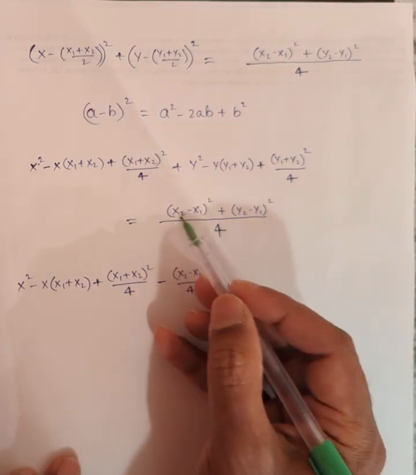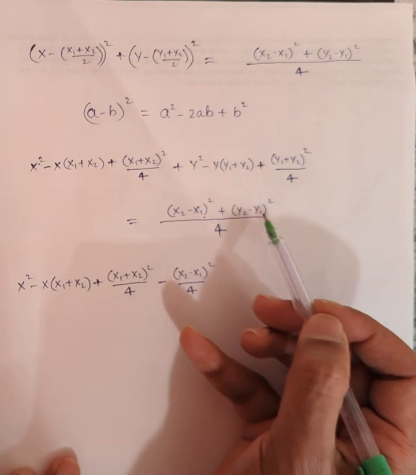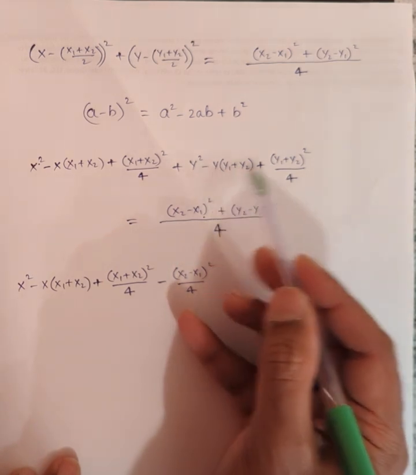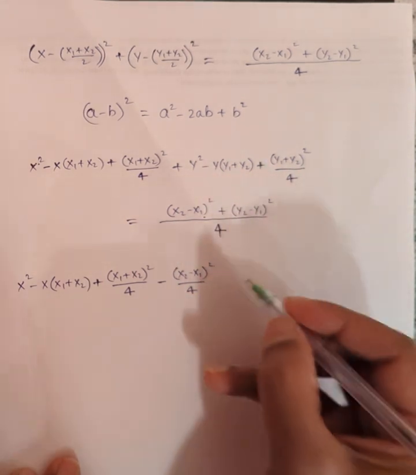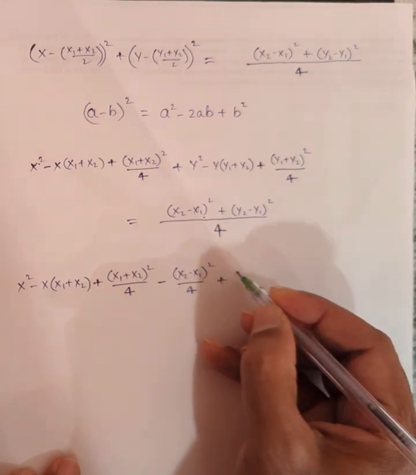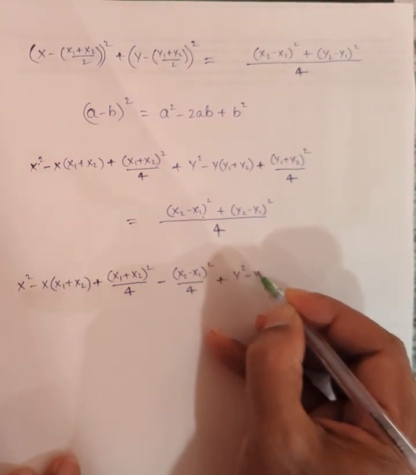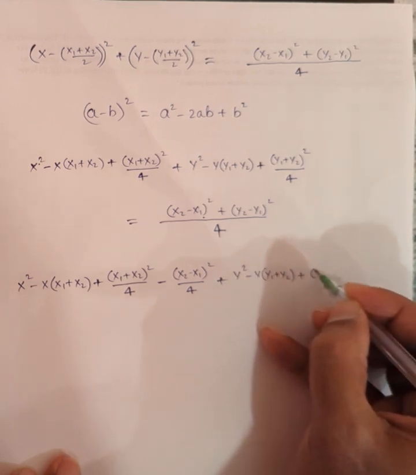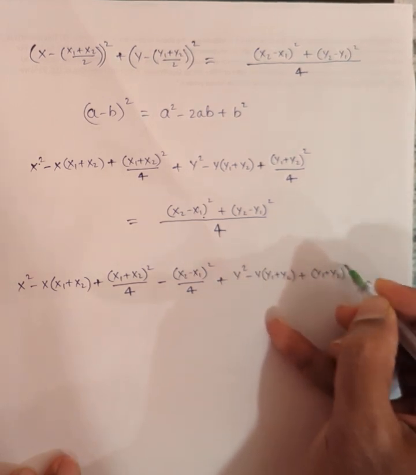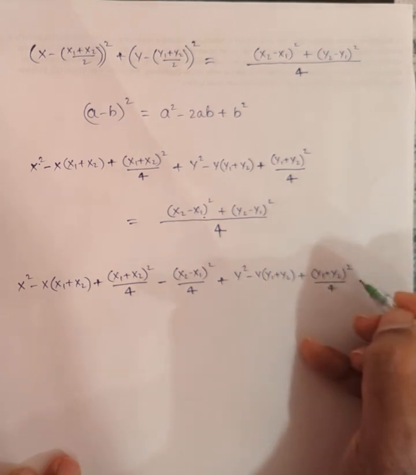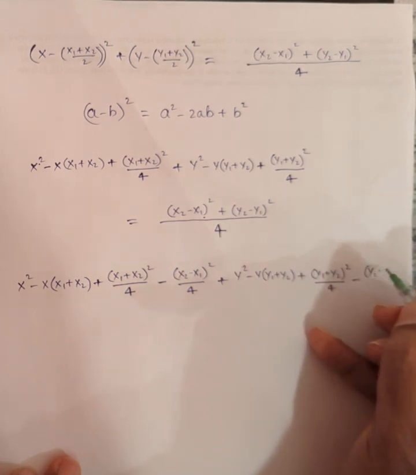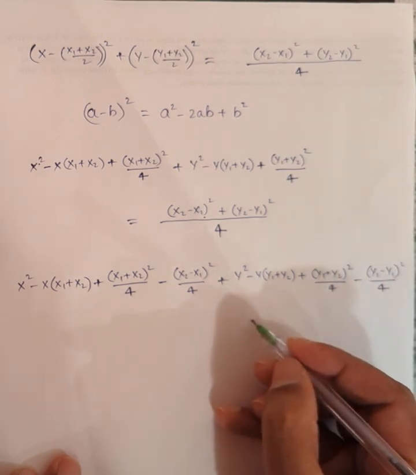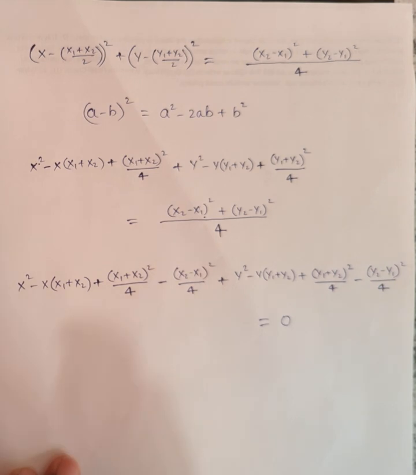I'm going to just consider this part, and I'm going to take this one when I'm writing the y's: plus y squared minus y times (y1 plus y2) plus (y1 plus y2) squared over 4 minus (y2 minus y1) squared over 4. And that is equal to 0.